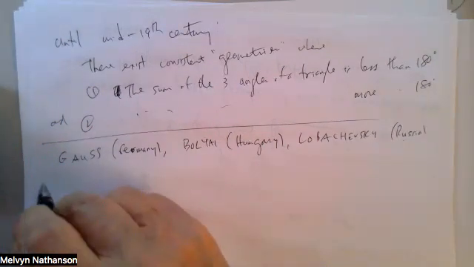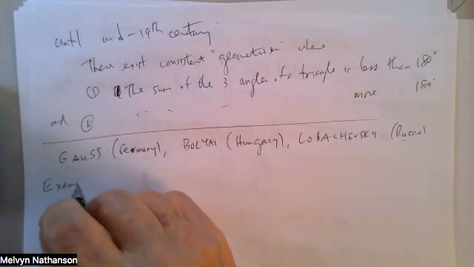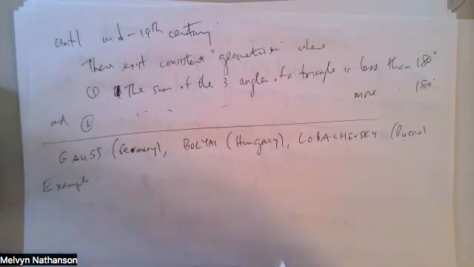Let me give you a rough example of a geometry where the sum of the angles of a triangle is bigger than 180 degrees. And there are no parallel lines. So if you have a line and a point not on the line, you can't draw a line through the point parallel to the given line.